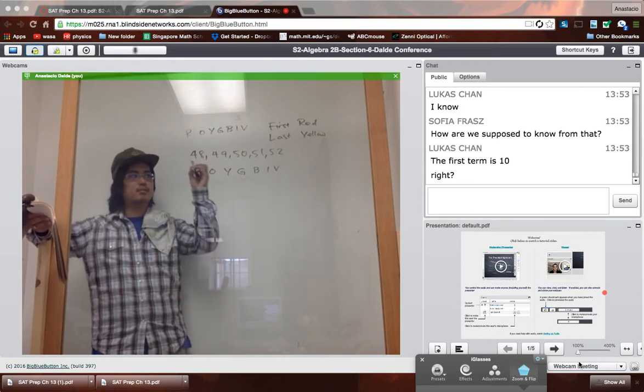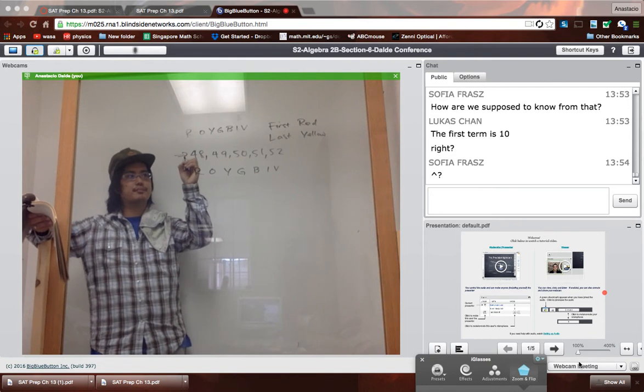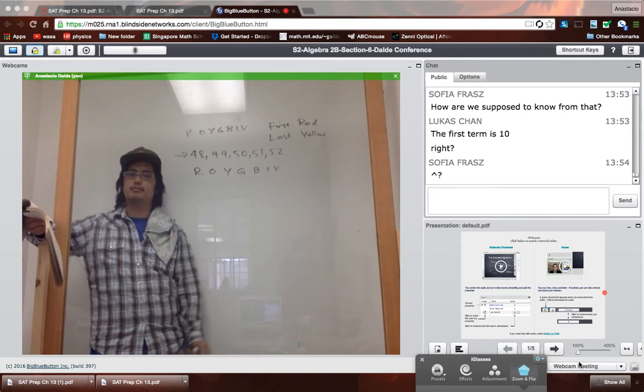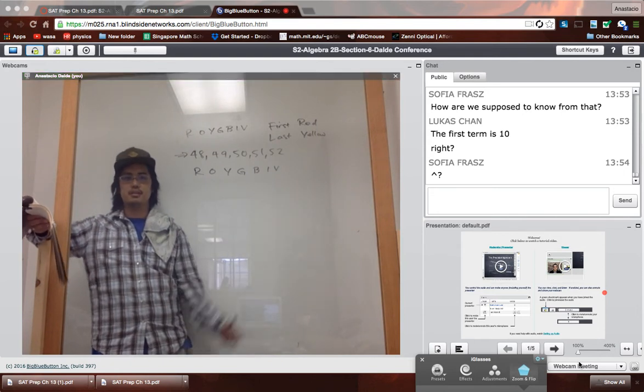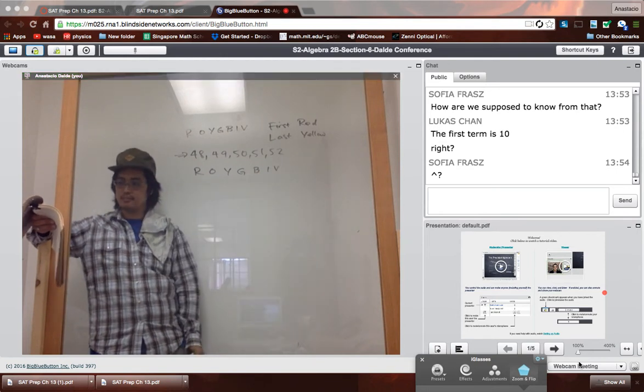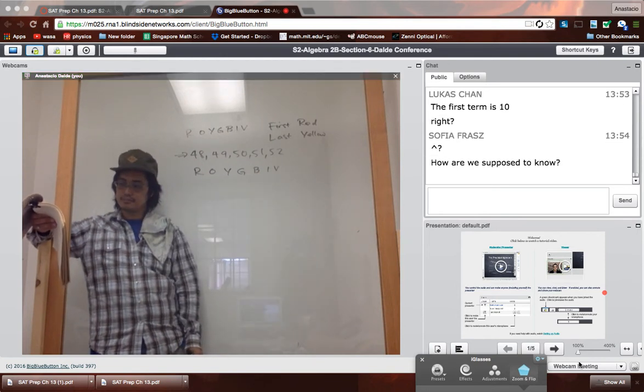No, I'm asking which one of these numbers could be on the bracelet if the first one is red and the last one is yellow. Is it 45, 48, 49, 50, 51, or 52? We cool? How are you supposed to know?